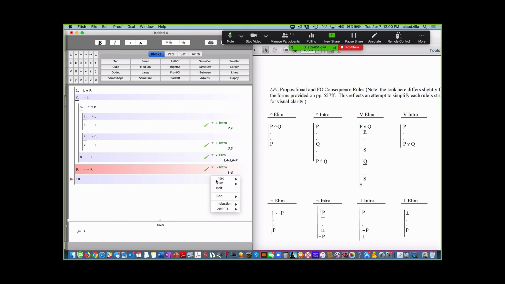I need to eliminate my two negations. Truth functionally, a doubly negated sentence is equivalent to, so it's a tautologically equivalent set of sentences. My doubly negated sentence is truth functionally equivalent to the affirmative. Now I get my green check marks all the way down.